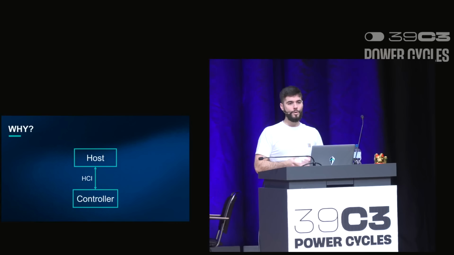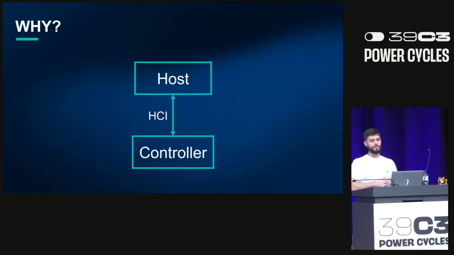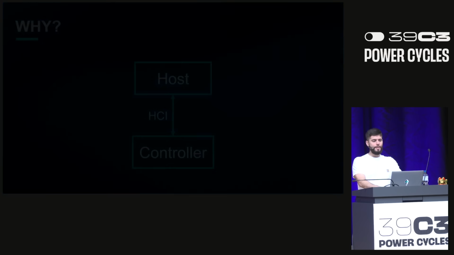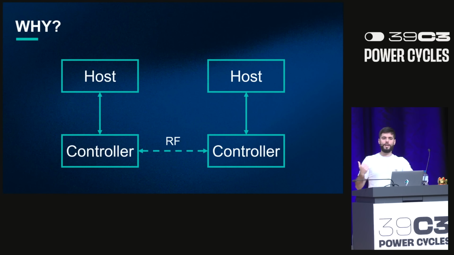That host part can talk to the controller through a standardized protocol called HCI, which limits our capabilities of getting the controller to do the things we would like. But the reality is that most of the communication takes place on those lower layers. A controller will talk to another controller, and we will not see it. So that's what we are missing now.